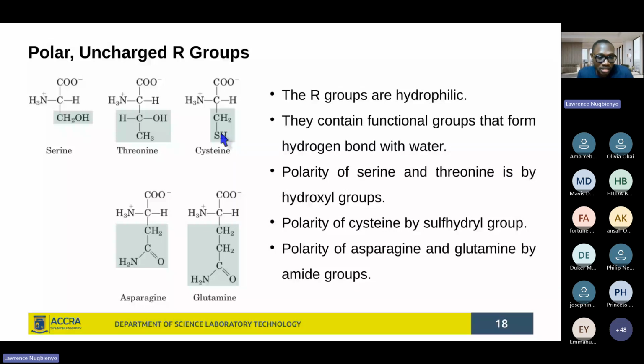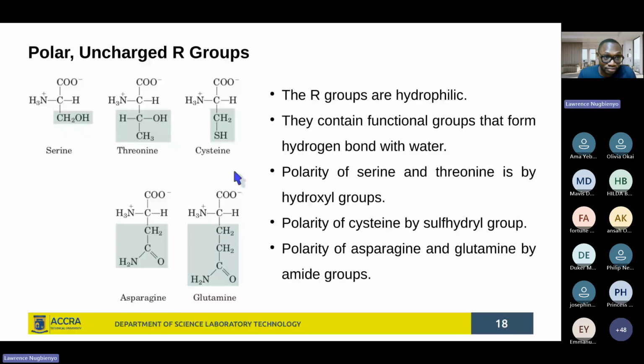We see asparagine and glutamine also in this group, and this amide group that they have, the C double bond O NH2, is responsible for the polarity in these two amino acids, asparagine and glutamine.